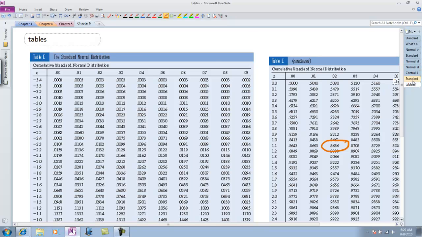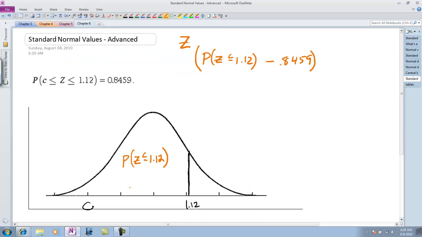So going back to here, I now know that 0.8686 is between here and the end. But they're telling me between this and C is 84.59.